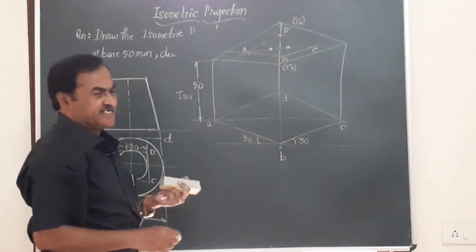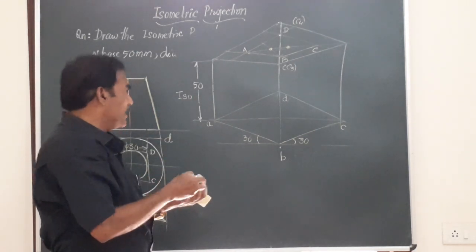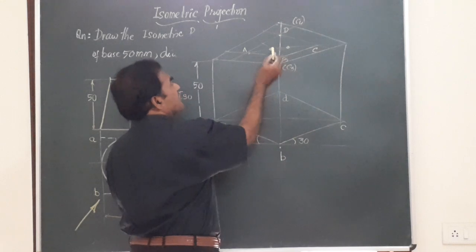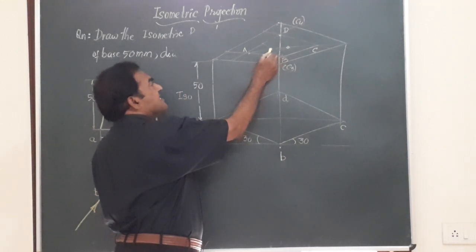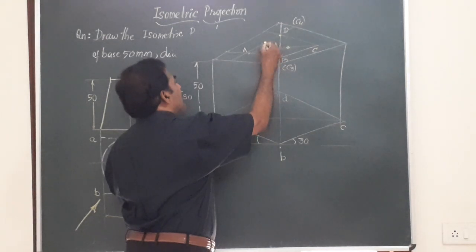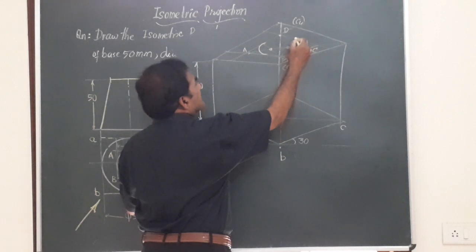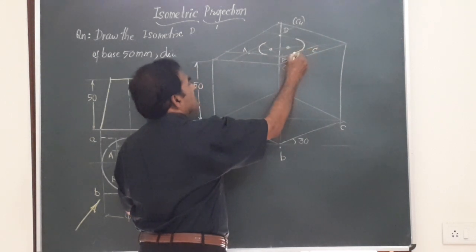Using these 4 centers and the radius I will show you, you are going to get the isometric projection. So, with center C1, look at the board please, and radius equal to this length, I am going to draw an arc here. Similarly, with center C2, same radius, another arc here.